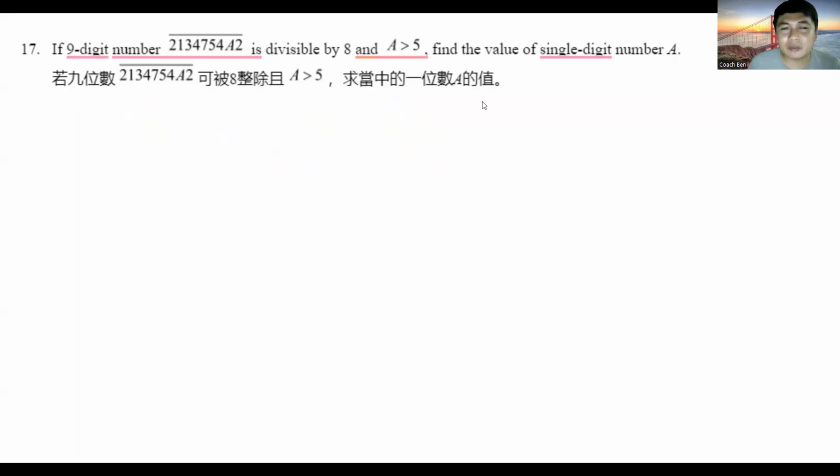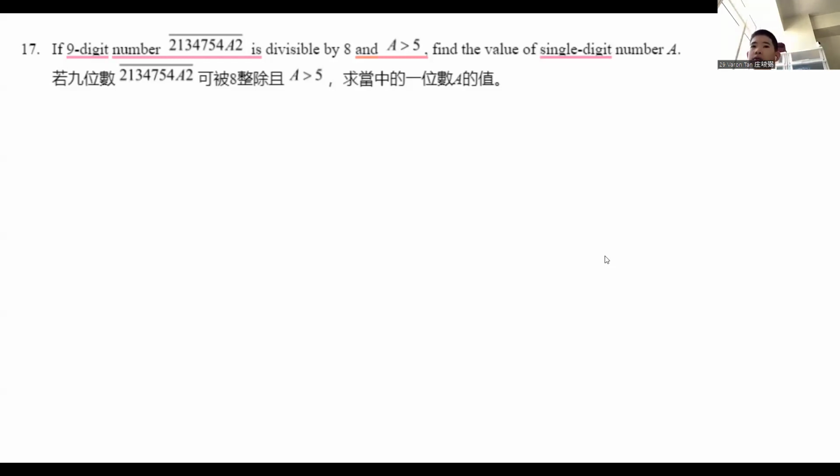If the nine-digit number 213475482 is divisible by 8 and A is greater than 5, find the value of single-digit number A. Sir, may I answer this? Okay, go ahead. So this one, the divisibility rule of 4 is for the last two digits to be divisible by 4.